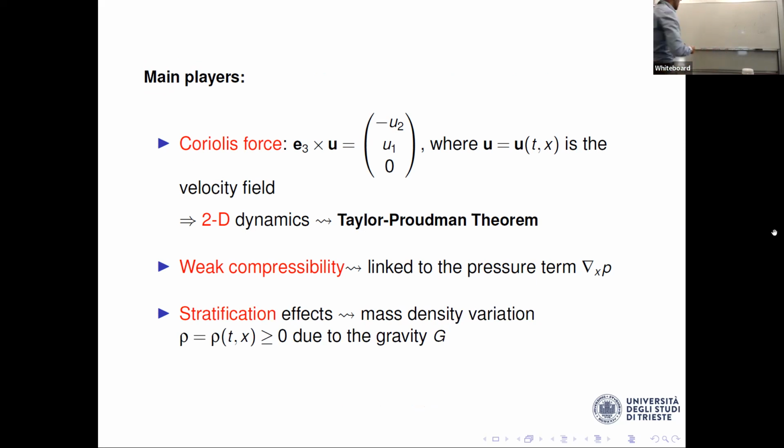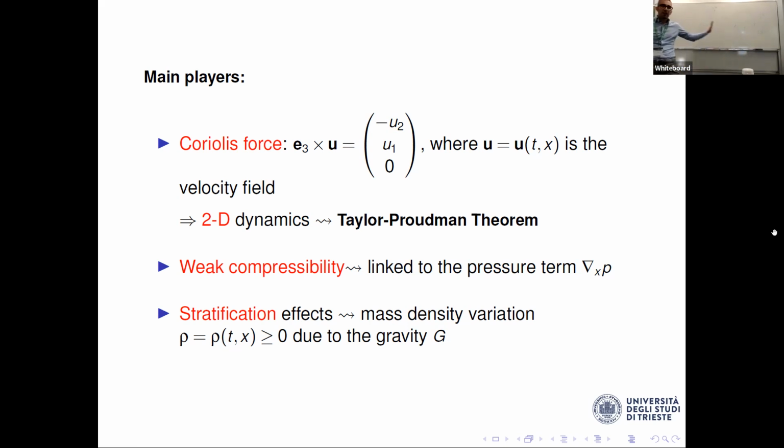Here we have x1, x2, and the vertical axis x3. Then we have the rotation around this axis, and we can write the Coriolis force like e3 cross u, where e3 is the unit vector (0,0,1), cross stands for the external product of vectors, and u is the velocity field that depends on time and position. This is equal to (-u2, u1, 0).